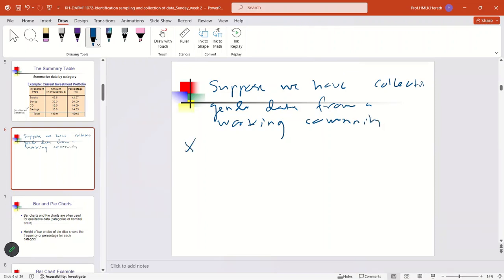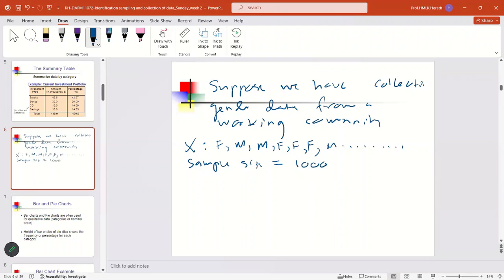Our variable is X. So we may have female, male, male, female, female, female, male. Likewise, this may be entered, right? Say the sample size is 1,000. So you have collected the gender of 1,000 persons. And this is the way we have entered our data.